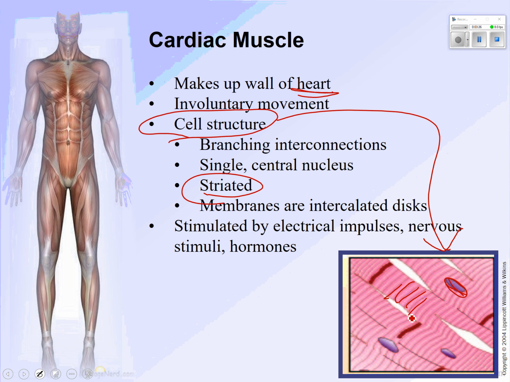And then you also have these dark lines on the picture. Those dark lines are intercalated discs. Those intercalated discs connect the ends of the cardiac muscle fibers to one another, which allows the muscle action potentials to spread from one cardiac muscle fiber to another.